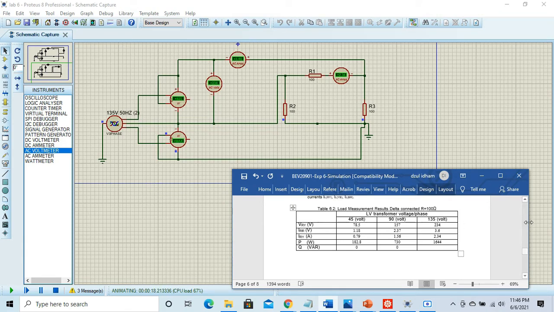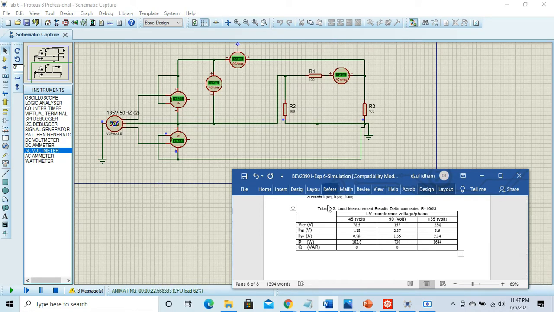This is the result for activity 2. We can identify that VRY is bigger than the source voltage, and IRR is the line current.